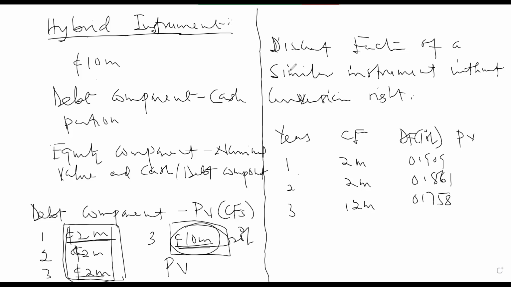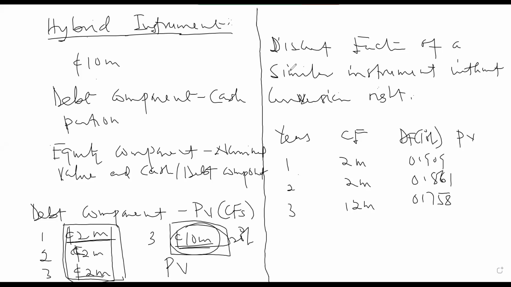Okay. So that is how we go about the hybrid instrument. We separate the debt component from the equity component and subsequently account for the debt component using the amortized cost, what we did the last time. On the date of the transaction, you have to separate the debt component from the equity component.